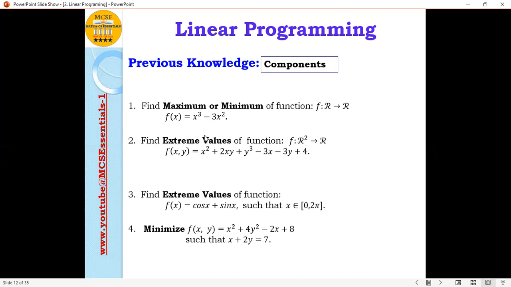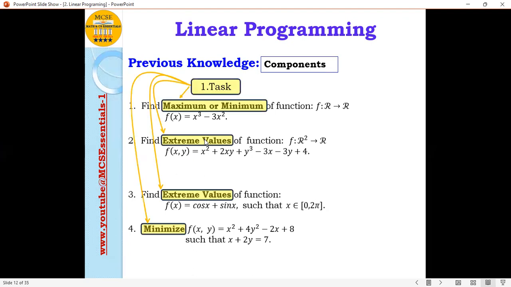So the first task, the actual task, was to maximize or minimize the objective function.